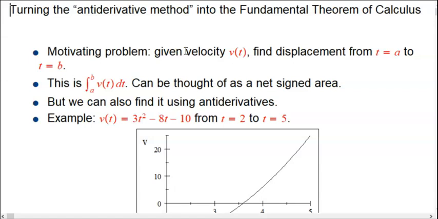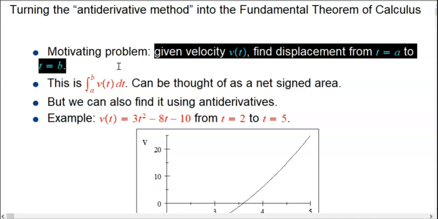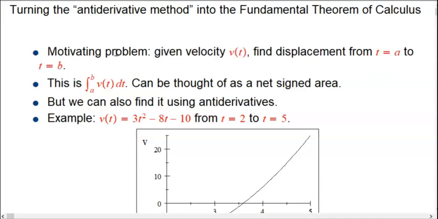And that's if you're given the velocity of some object, a particle or something, can you find the displacement from one time, say t equals a to t equals b? And we hopefully have convinced ourselves by looking at what the rectangle method does, what a Riemann sum does for this, that this is really the integral of the velocity over time from a to b.